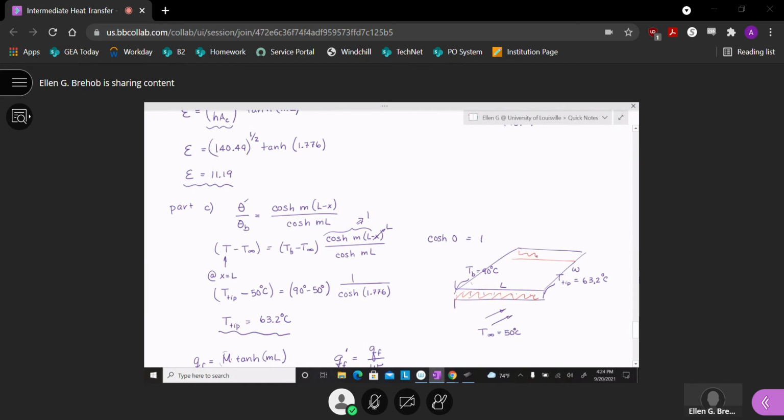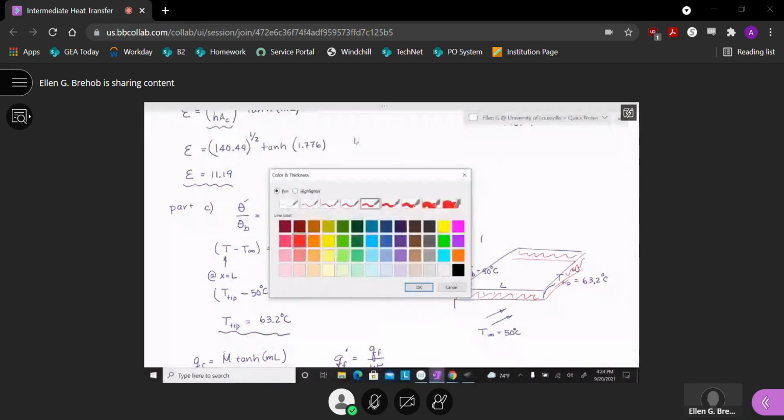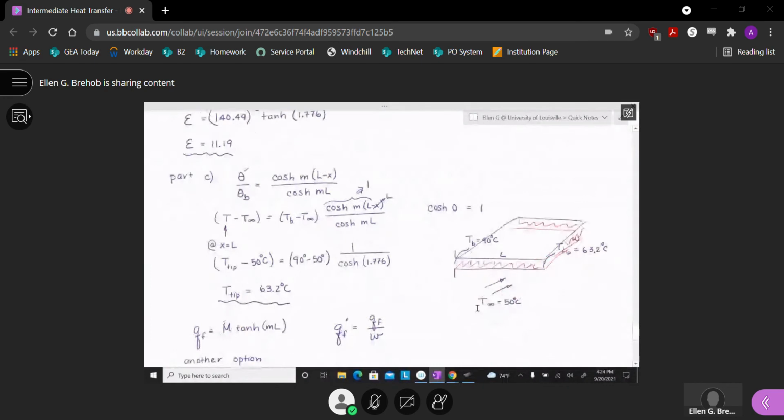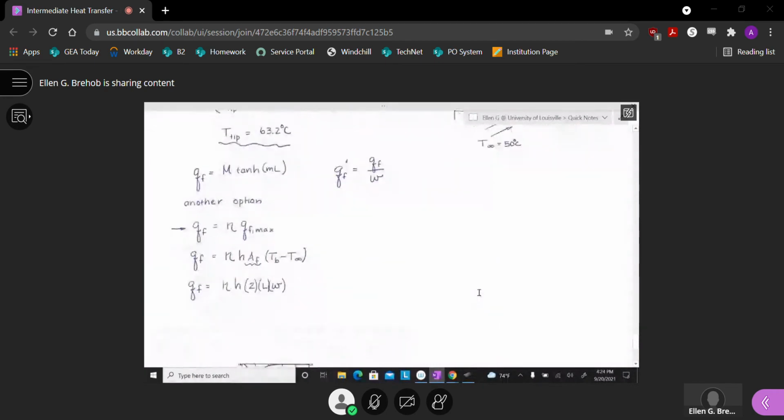Okay. And then because it's an adiabatic fin tip, I'm neglecting that surface area. So all we're including, it's a little bit of an approximation again, is just the top surface and the bottom surface area. Now we got to finish off T base minus T infinity.